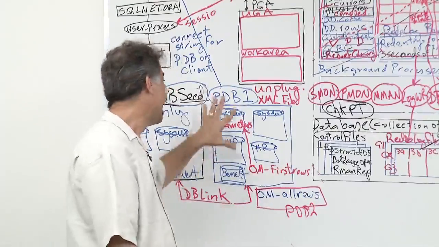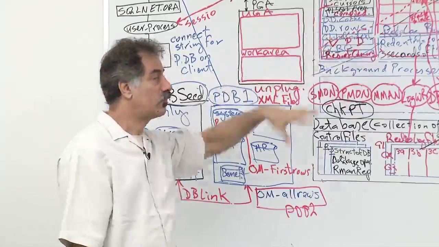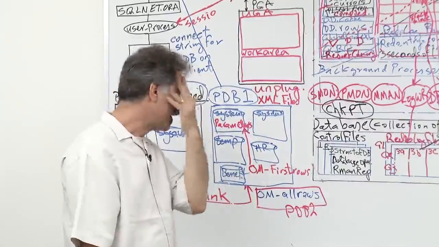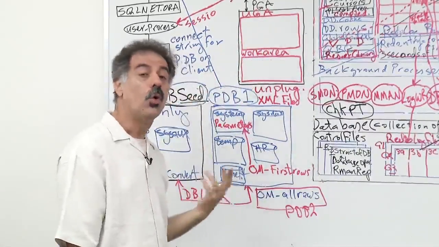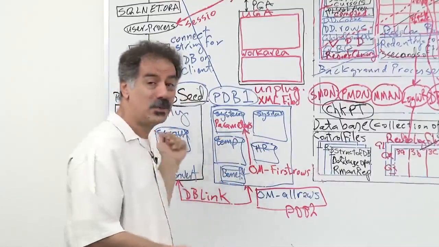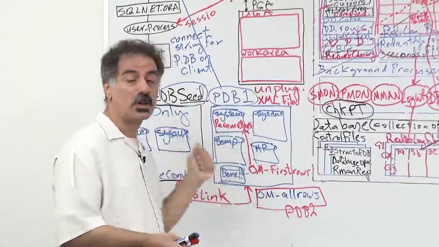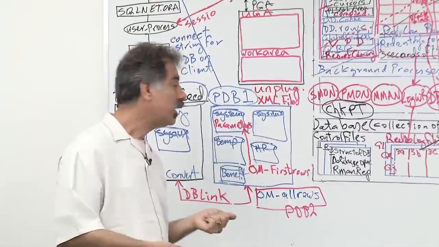Are they managed as a single container, and we perform all of the major database management at the container level? Or do I want separation between pluggable databases, and then I have different DBAs managing each pluggable database? Okay?